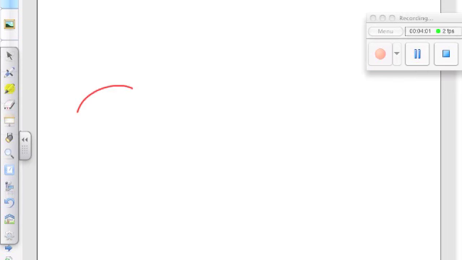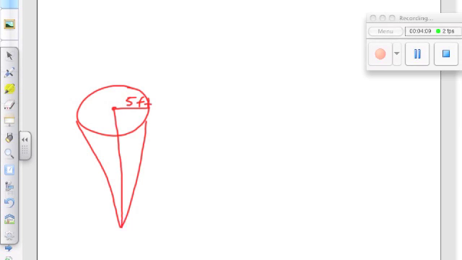If I redraw this, going down, I told you this is 5 feet, and this is equal to 10 feet. If I wanted to create a ratio, isn't 5 equal to my r and 10 my h?